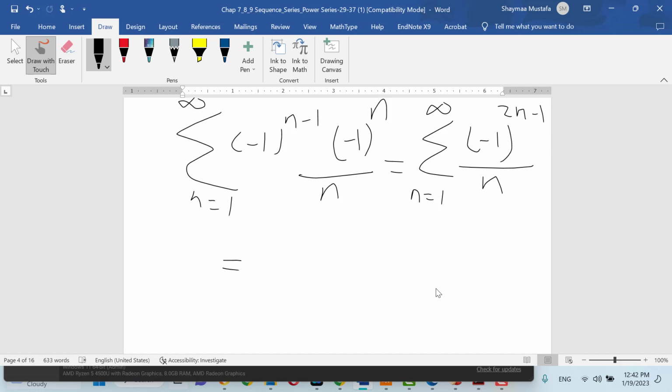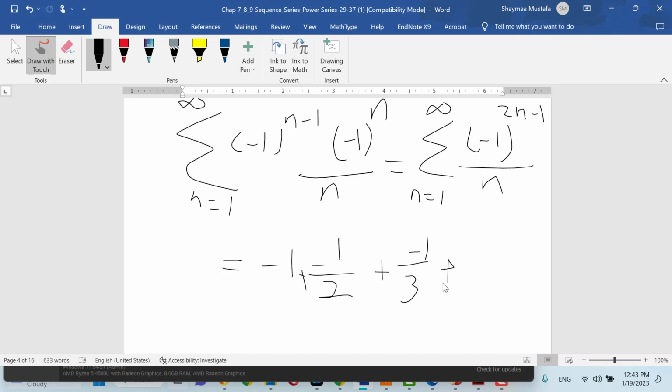If we check this series, at n equal to 1 it is equal to -1. At n equal to 2, it becomes -1 over 2. At n equal to 3, it becomes -1 over 3.